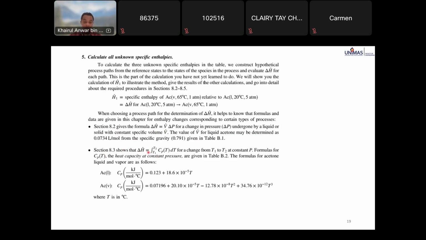This one: delta H equal to m Cp delta T, for a change from T1 to T2 at constant pressure. The heat capacities at constant pressure are given in Table B2, for acetone liquid and acetone vapor. So acetone is number 1 in Table B2.